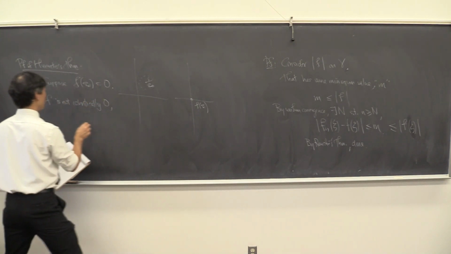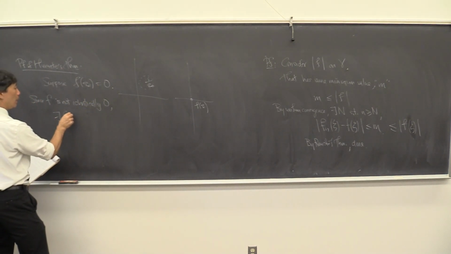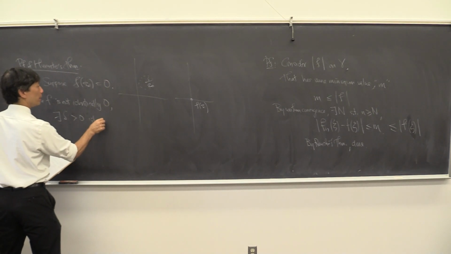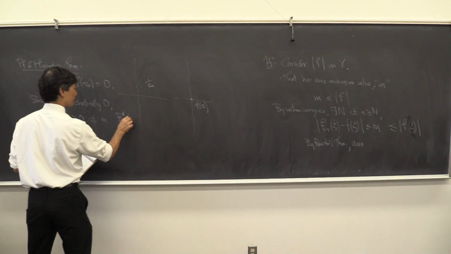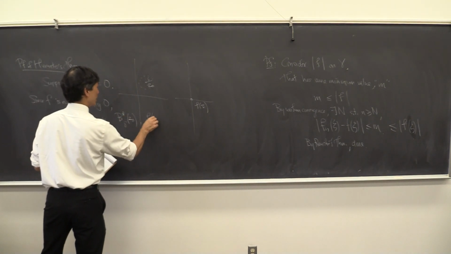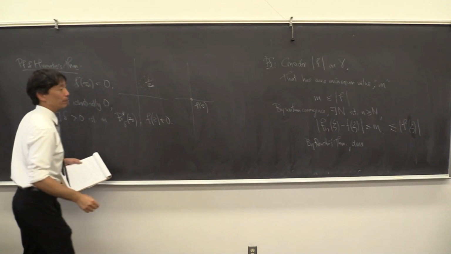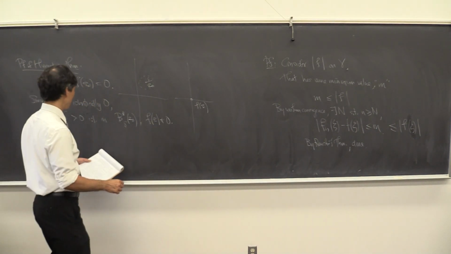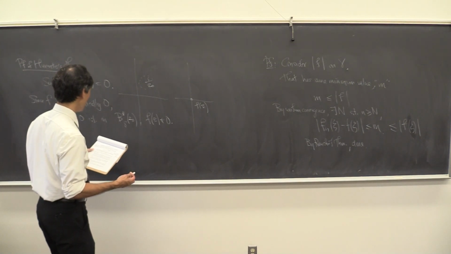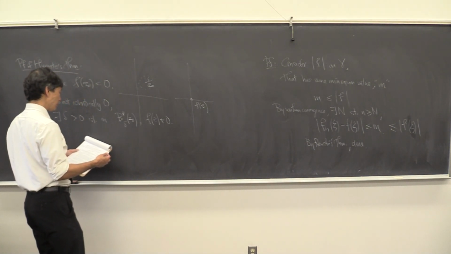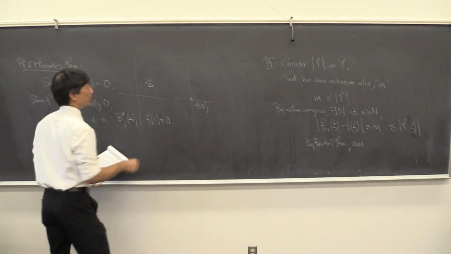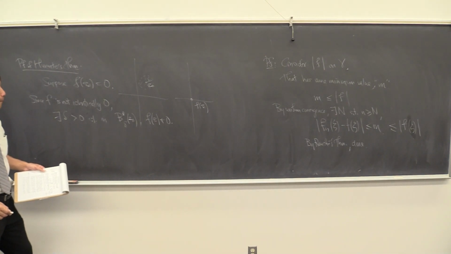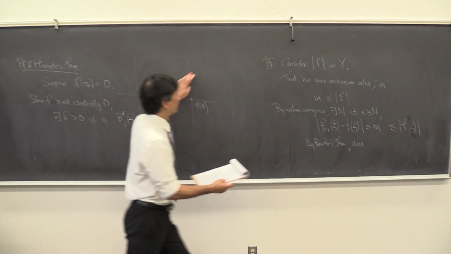Okay, so there's some delta such that in the punctured neighborhood, f of z is non-zero. So we stay away from 0. And we can assume that it's also non-zero on the boundary. So we're never 0 inside there. Okay, so what's the point?